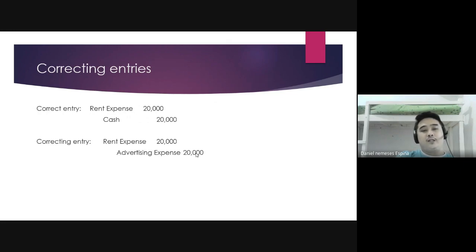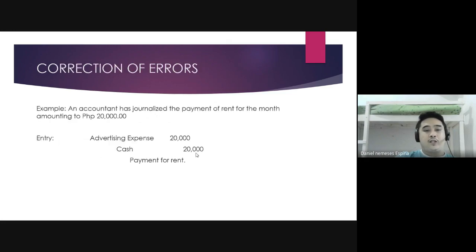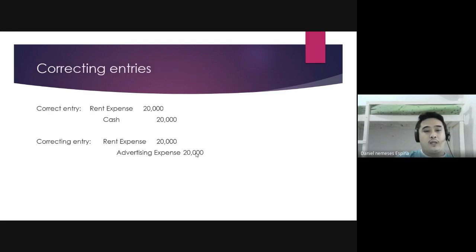Debit ka rent expense to recognize the rent expense, and then para mawala or mazero si advertising expense, you credit advertising expense 20,000. So ang mabilin na lang is ang rent expense ug si cash. Si advertising expense zero na kay nag-debit ka sa sugod tapos sa correcting entry gi-credit, so zero na gyud siya.